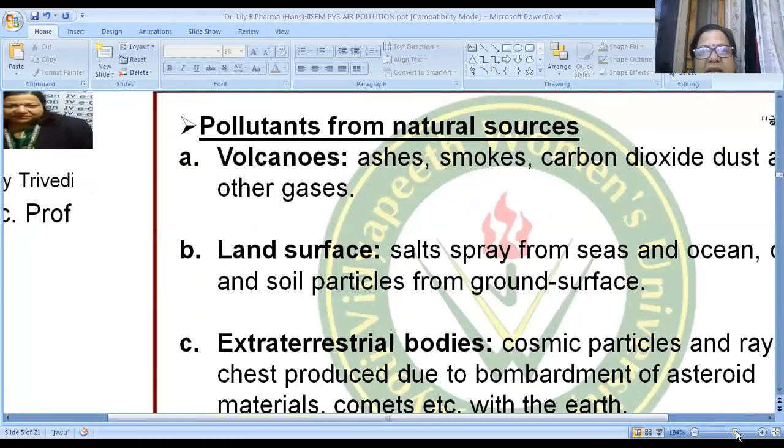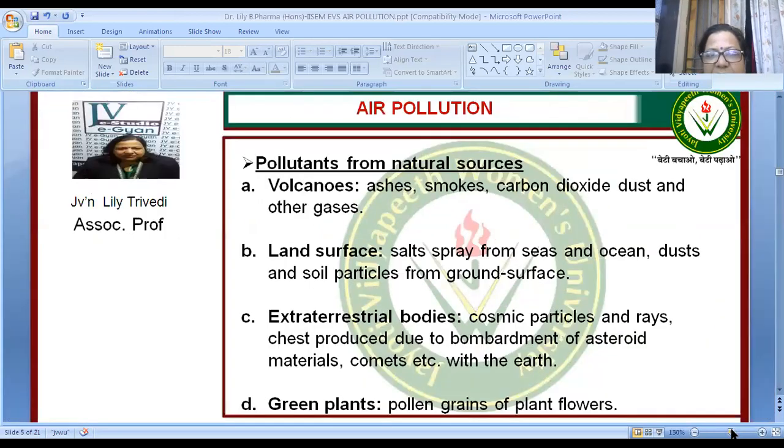Land surfaces include the spray from seas and oceans, and soil particles from the ground surface, which are carried in the air. Extraterrestrial bodies are also a cause of air pollution, like the cosmic particulate and rays, produced from the bombardment of asteroid materials like comets with the Earth.